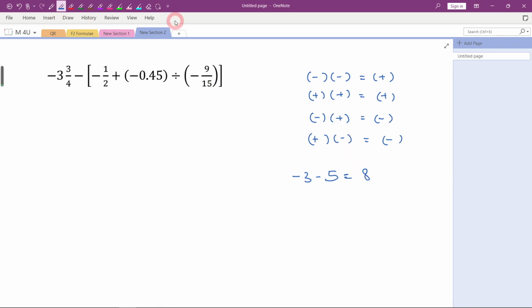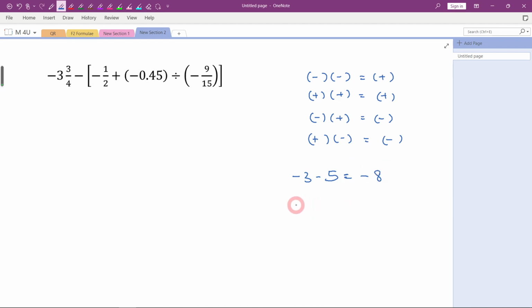It will be easier to help you to get the answer. Try to think this way. You lose 3 ringgit and you lose another 5 ringgit. So the final answer will be losing money also, right? It cannot be earning money. Here you lose 3 ringgit, now you lose another 5 ringgit. So total you are losing 8 ringgit.